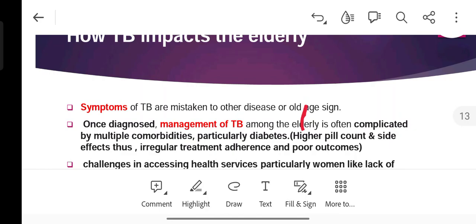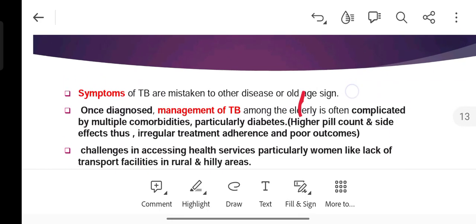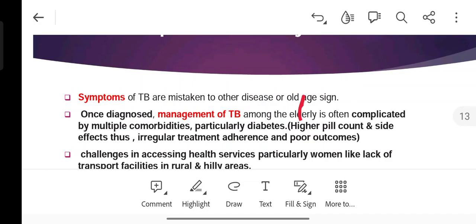But you have to understand that assumption does not give you the diagnosis. If there are conditions like TB, there is a need to have a diagnosis first. Otherwise, if there is non-diagnosis, the impact of TB will keep increasing. So you have to understand that all these symptoms of TB are mistaken for other diseases or old age signs.